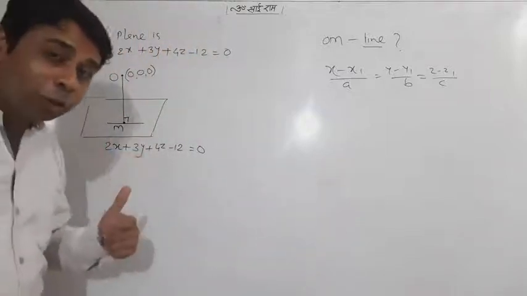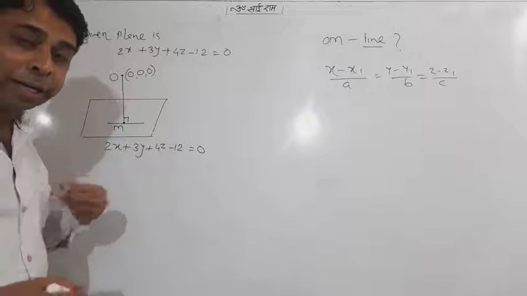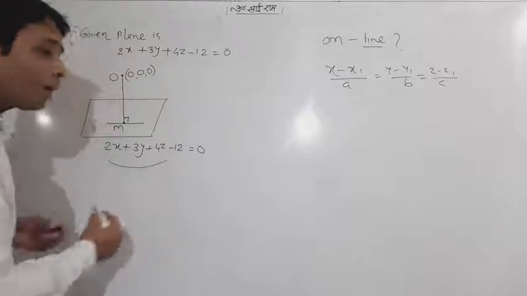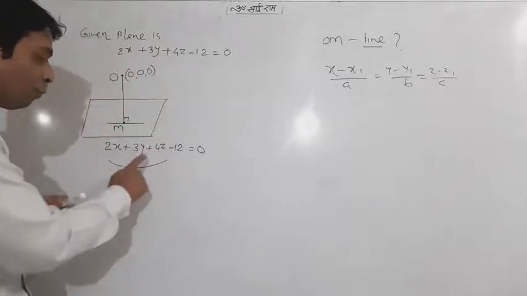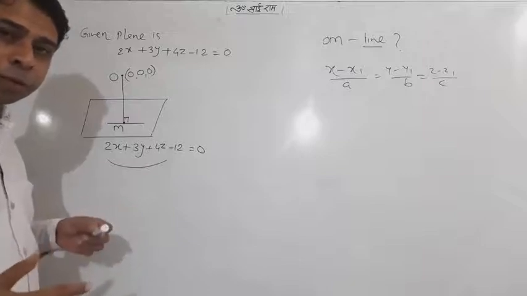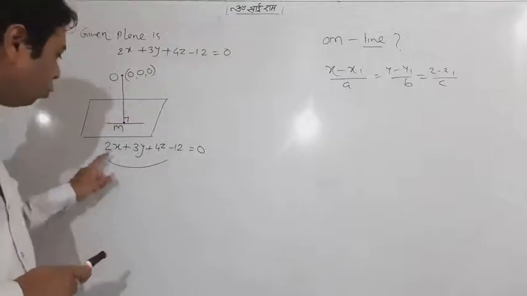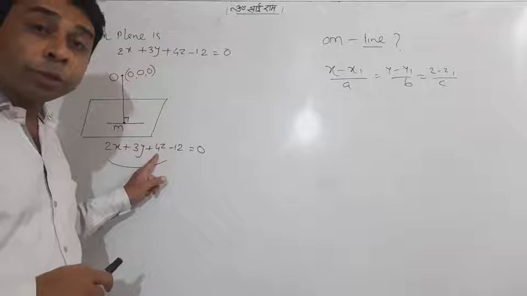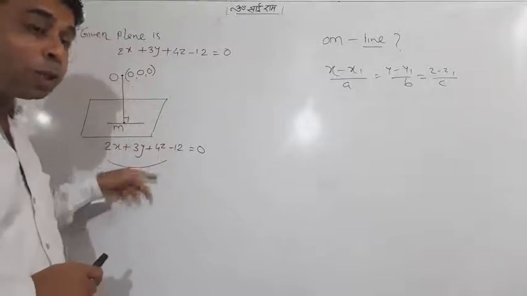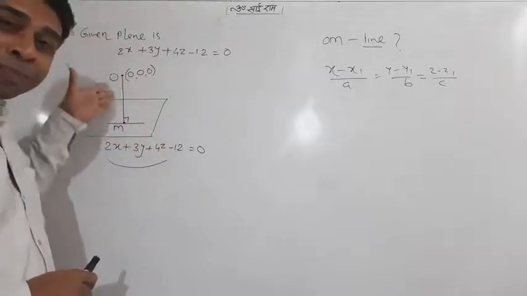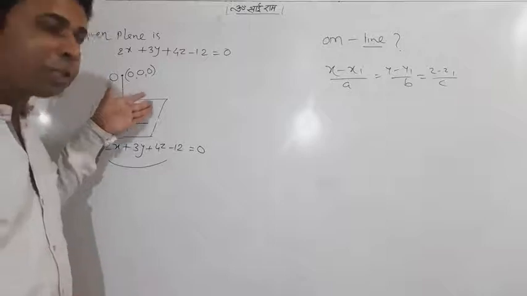Very interesting question. I want to pull your attention towards the plane. So I ask you, what are 2, 3, 4? They are the ratios of the normal of the plane. OM is a normal, which is actually our line.